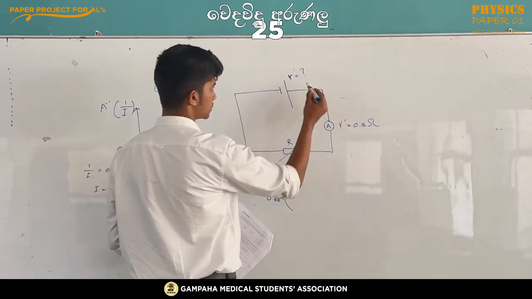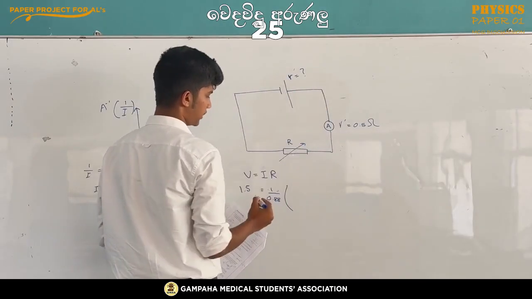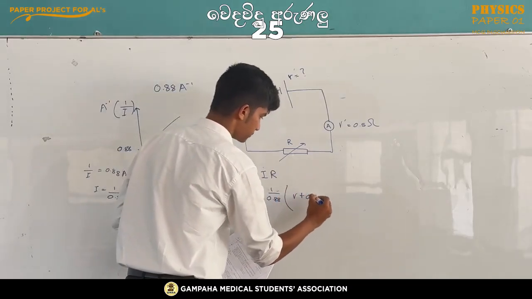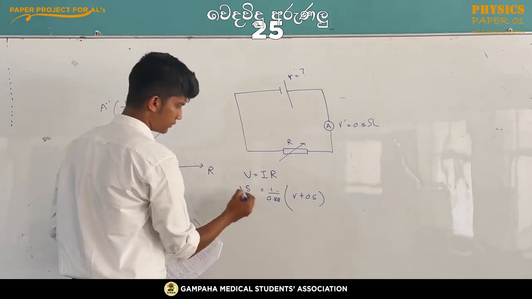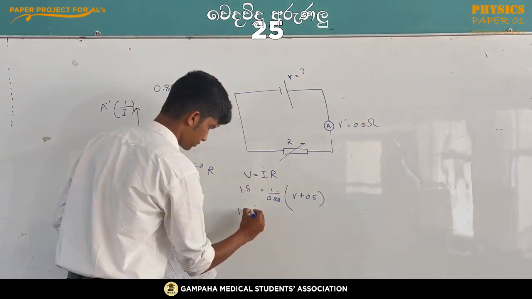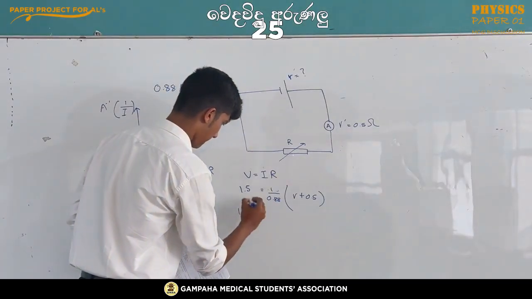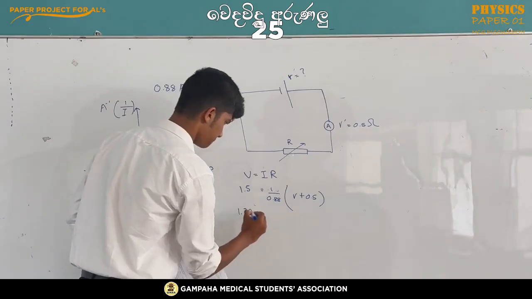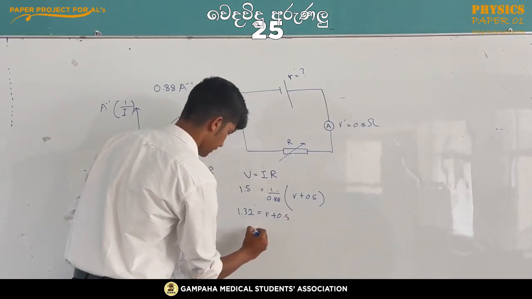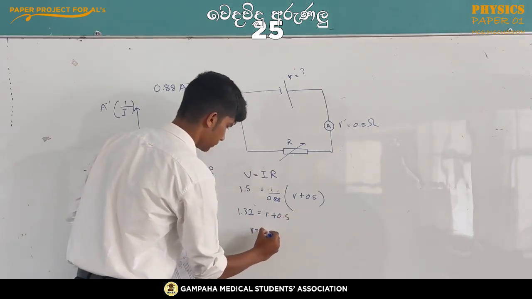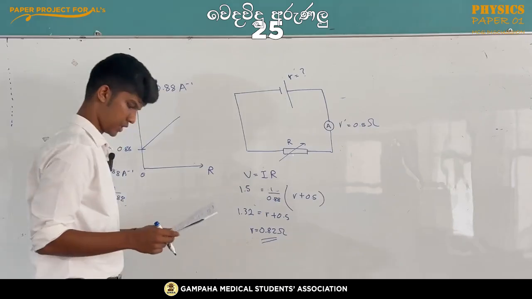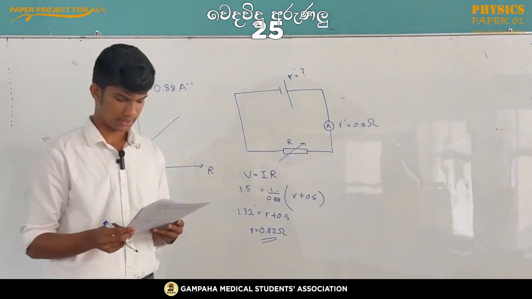So we can add those resistances together to get the equivalent resistance of the whole circuit, R plus 0.5. Then you can multiply 1.5 by 0.88, which is 1.32, and it is equal to R plus 0.5. Then the internal resistance of the cell is 0.82. The correct answer is the second answer.